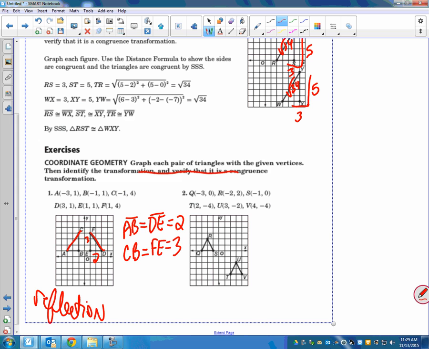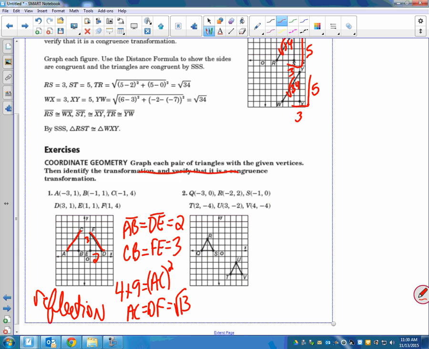So we could say 4 plus 9 equals that third side squared. So AC equals DF, which equals the square root of 13.